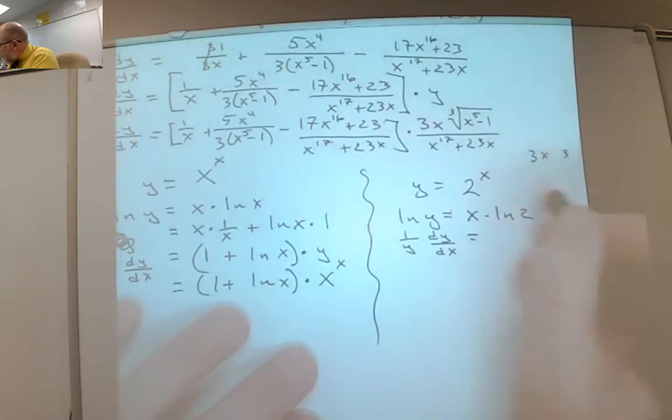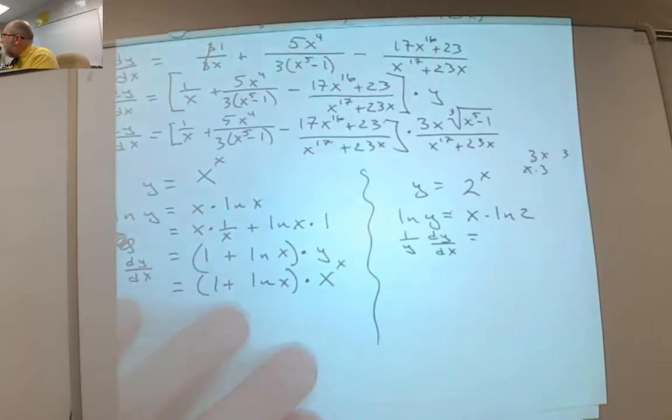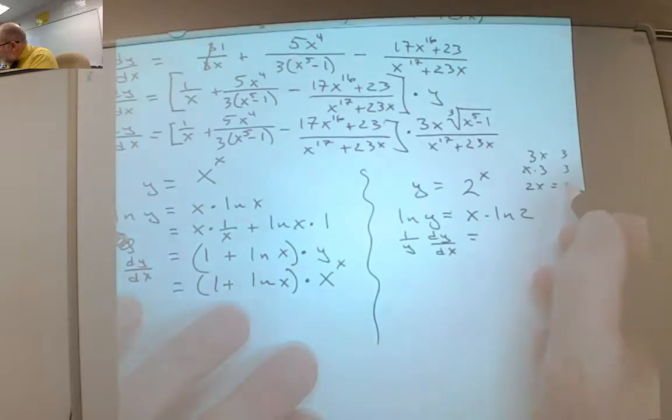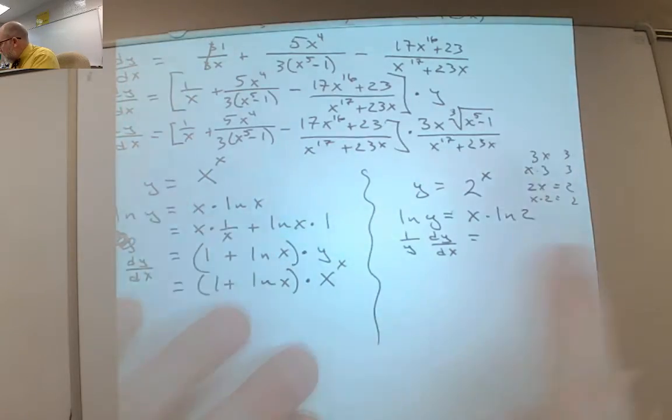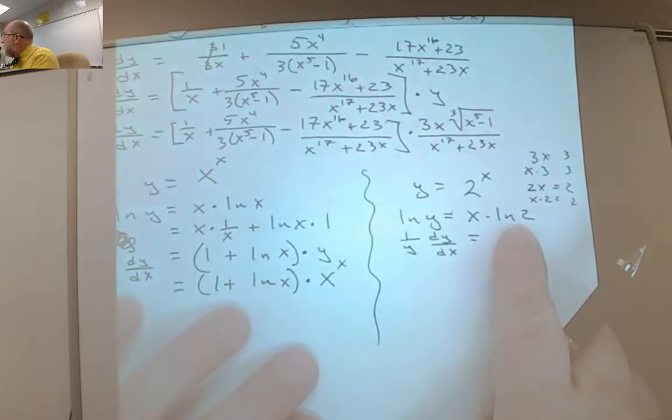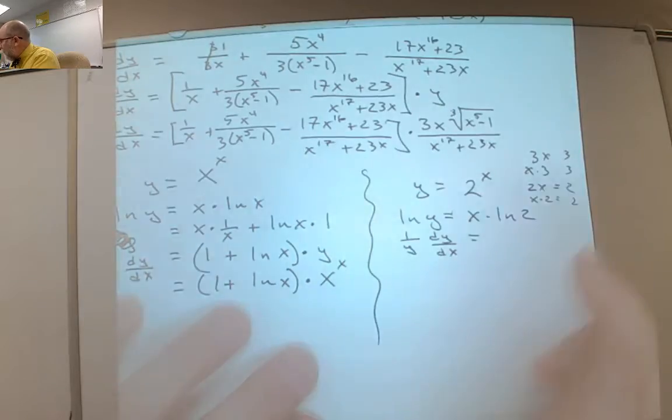What's the derivative of x times 3? 3. What's the derivative of 2x? 2. What's the derivative of x times 2? 2. So 3 and 2 are constants, correct? So what do you think the derivative of this is?